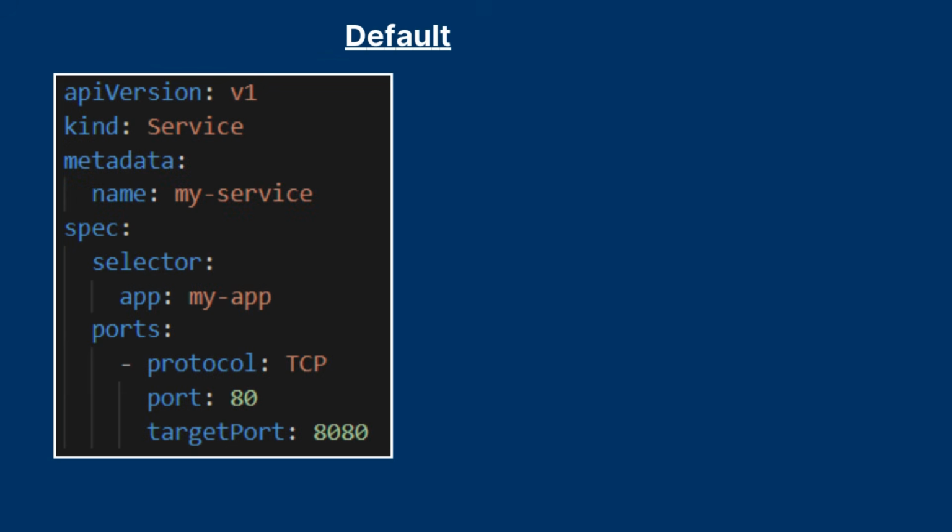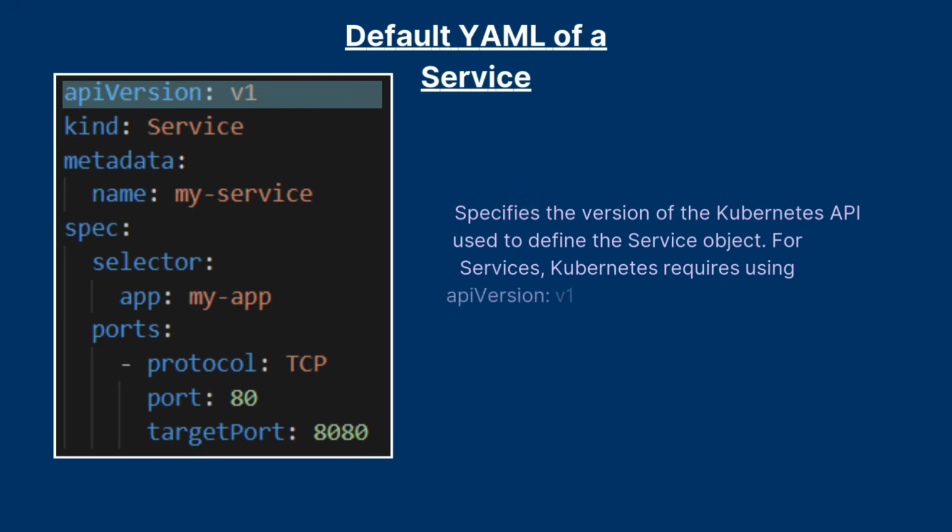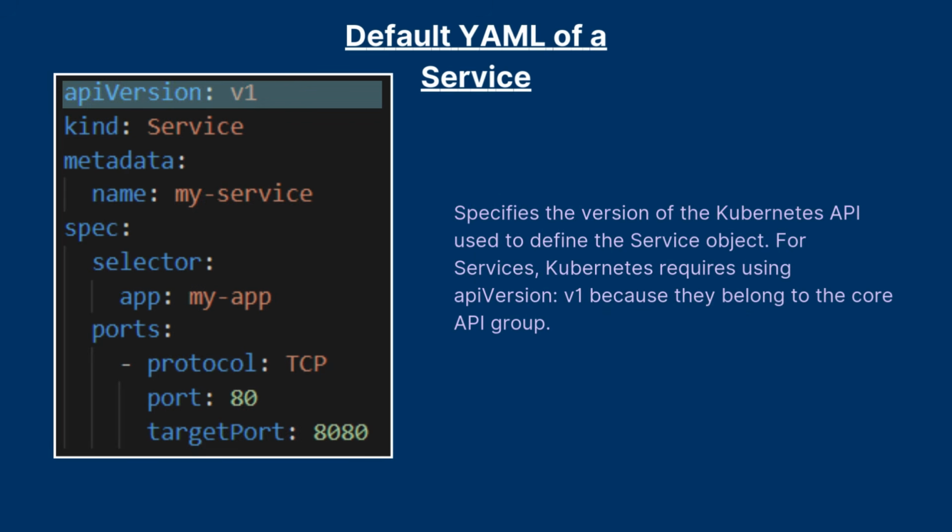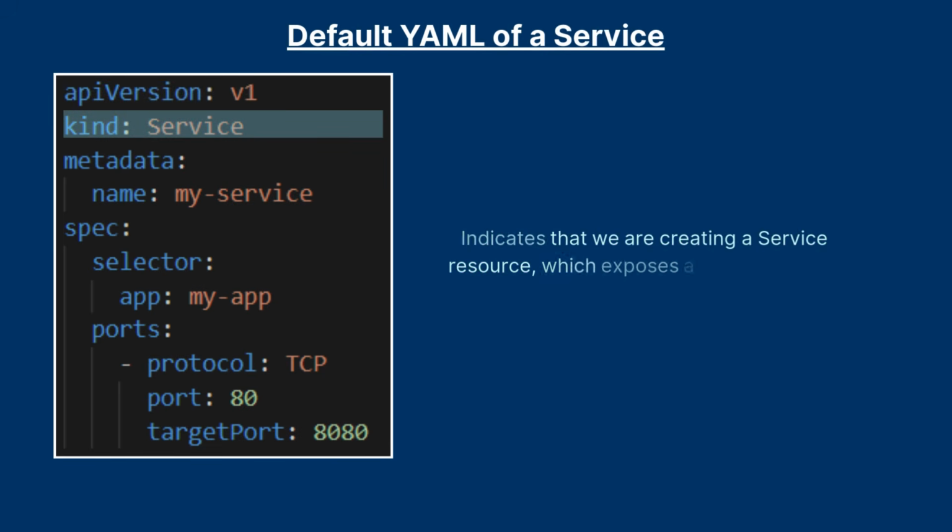Now let's talk about the default YAML for services. API version v1. This specifies the version of the Kubernetes API used to define the service object. For services, Kubernetes requires using API version v1 because they belong to the core API group. Kind is Service.